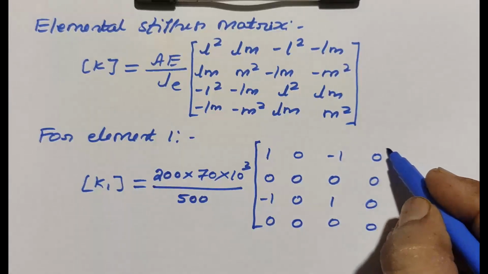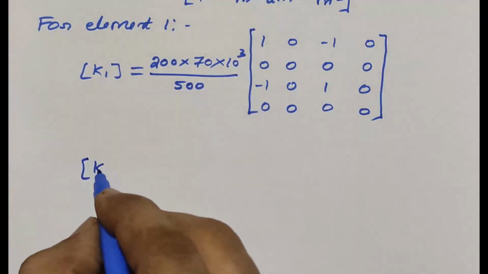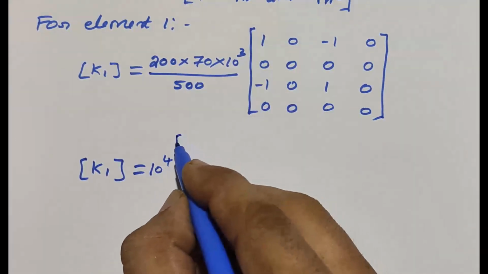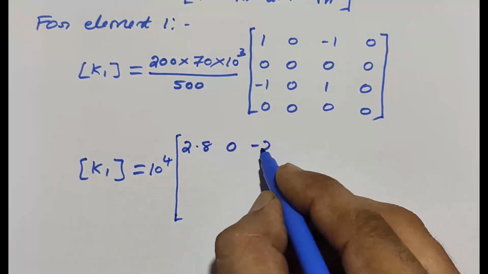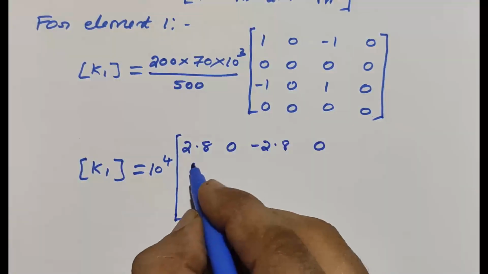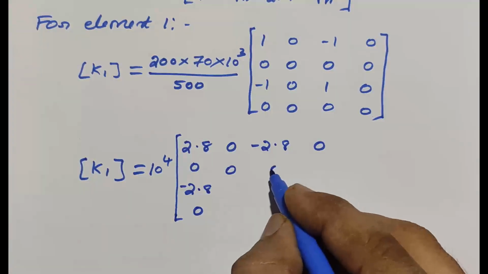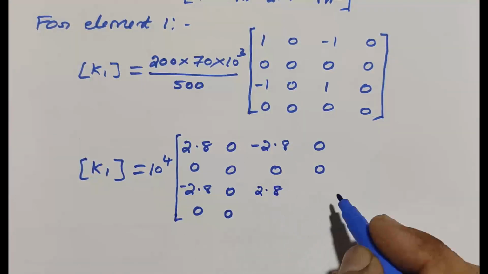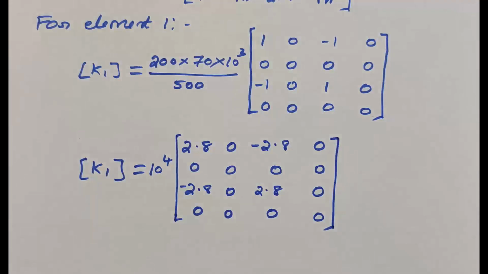If you simplify this, we will get K1 is equal to 10 to the power of 4 outside, 2.8, 0, minus 2.8, 0; 0, 0, 0, 0; minus 2.8, 0, 2.8, 0; 0, 0, 0, 0. This is the elemental stiffness matrix for the first element.